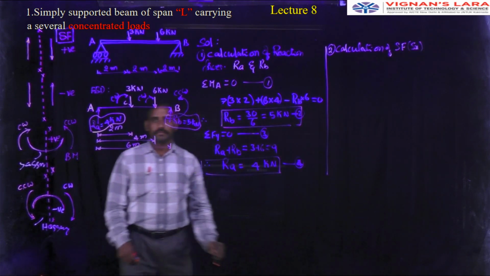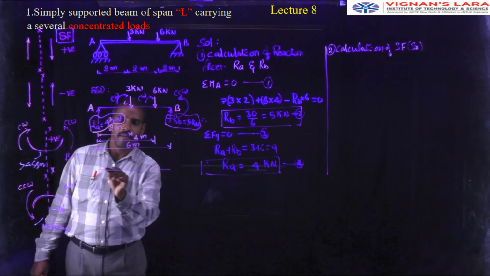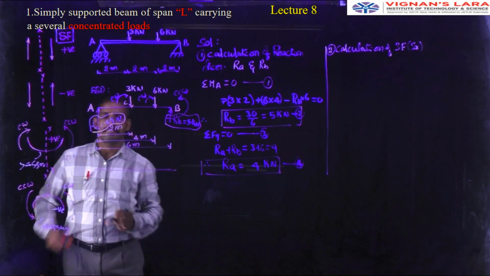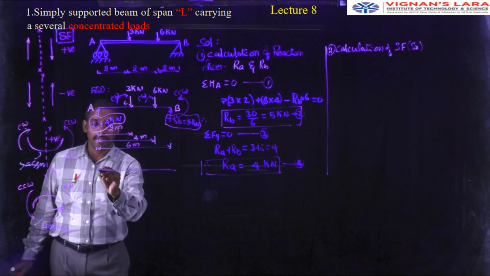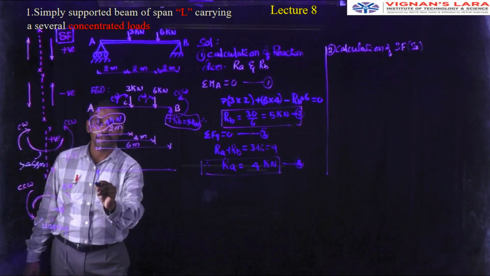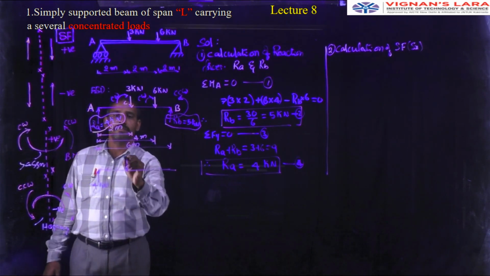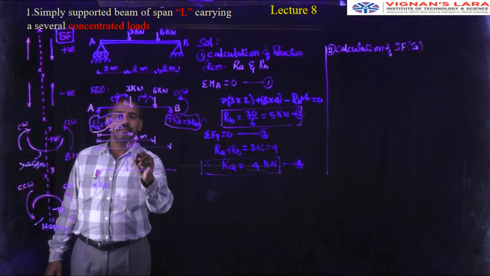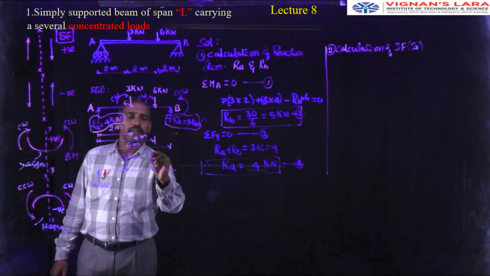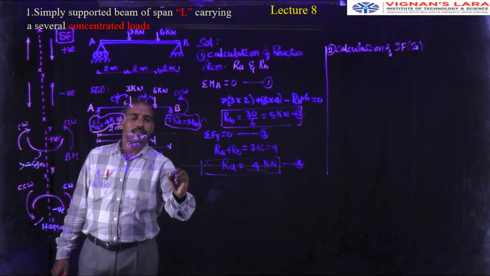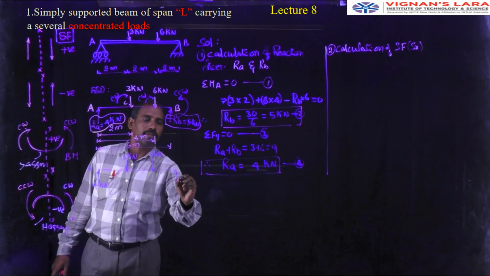For that, we know the values. This is a beam subjected to a system of transverse forces. So the first force at extreme end A is 4 kilonewtons, and a force at a distance of 2 meters is 3 kilonewtons, and at a distance of 4 meters from A is 6 kilonewtons, and at a distance of 6 is RB, that is equal to 5 kilonewtons.